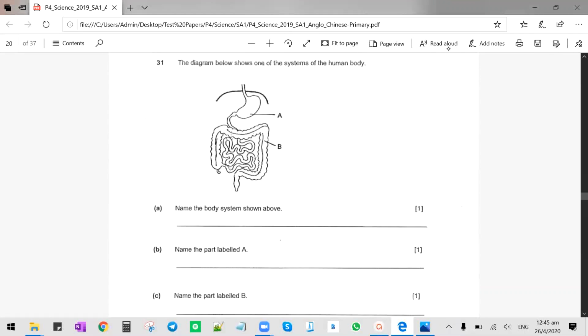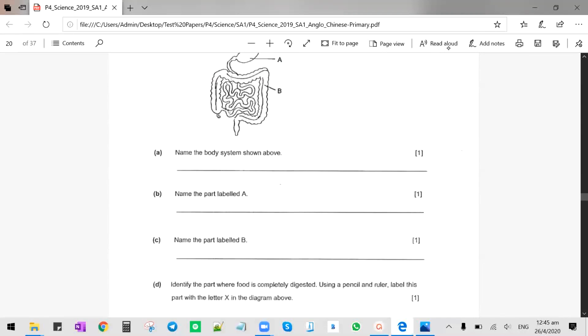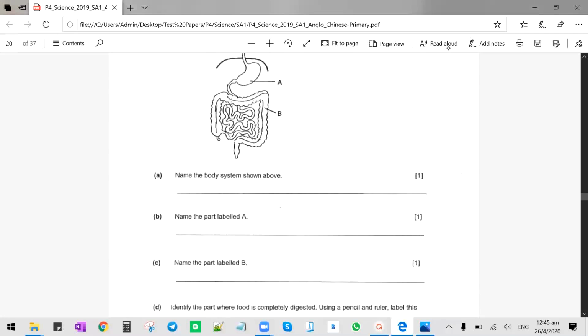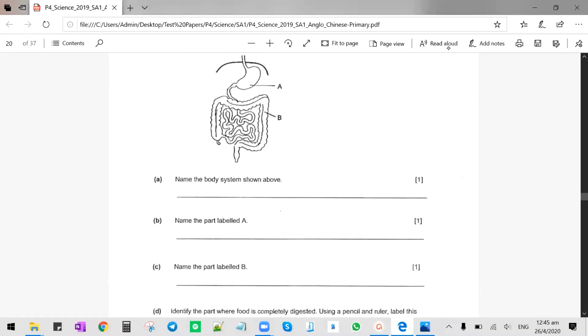The diagram below shows one of the systems of the human body. Name the body system shown above. This is the digestive system. Let me just pull this down and annotate. This is digestive system.